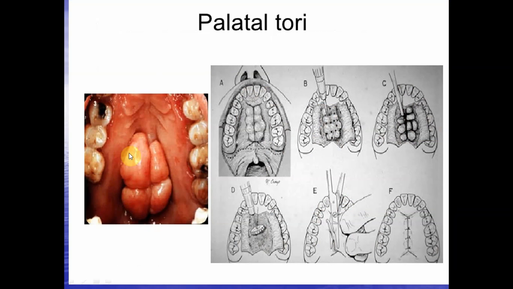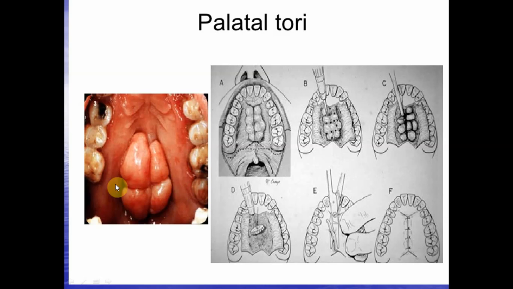See, this is palatal tori, and definitely if we are to make a partial removable denture, we won't be able to come behind this torus or in front of it.